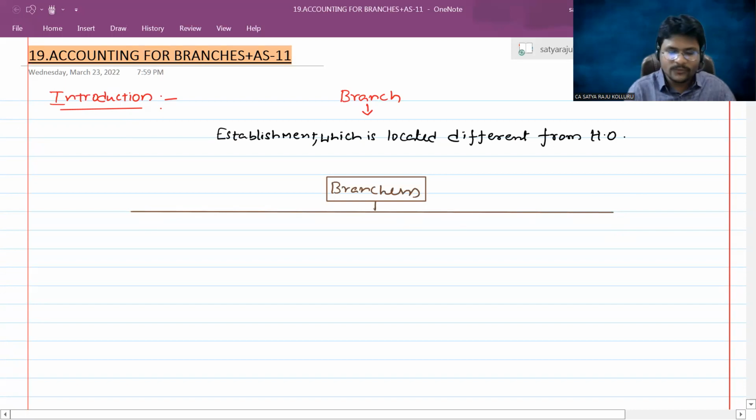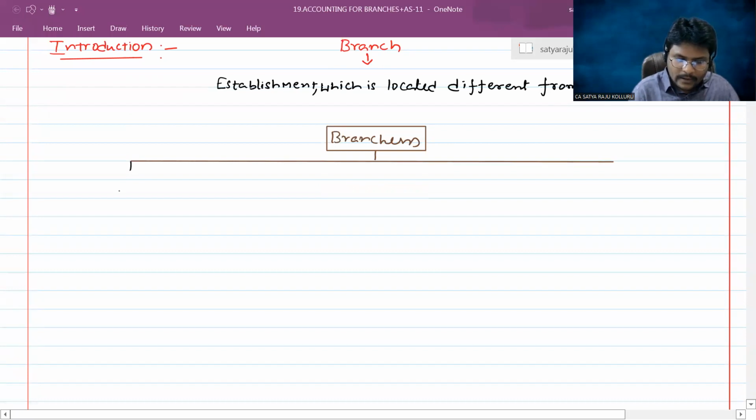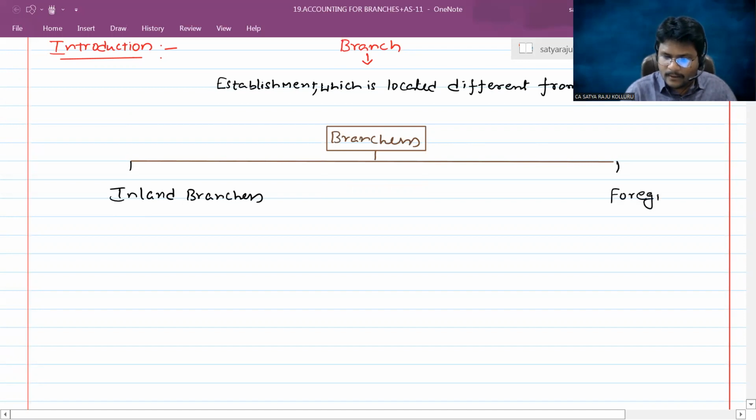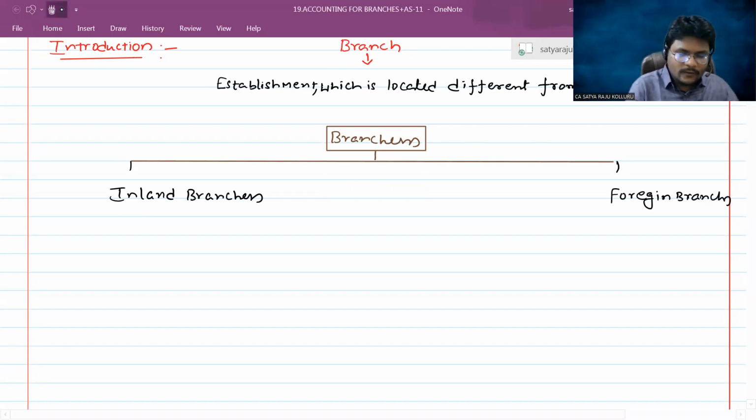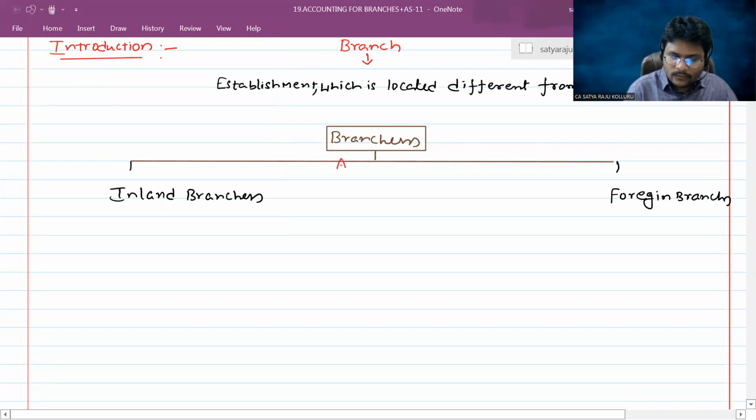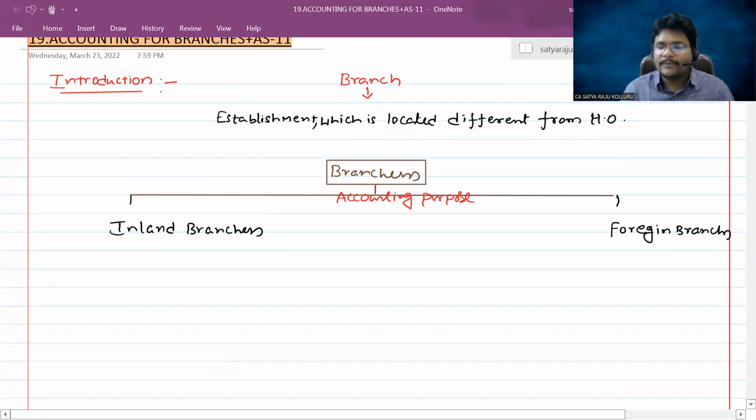From the accounting perspective, those are classified into inland branches and the other type is foreign branches. This is for accounting purpose. Accounting purpose means to provide accounting treatment of that particular branch.